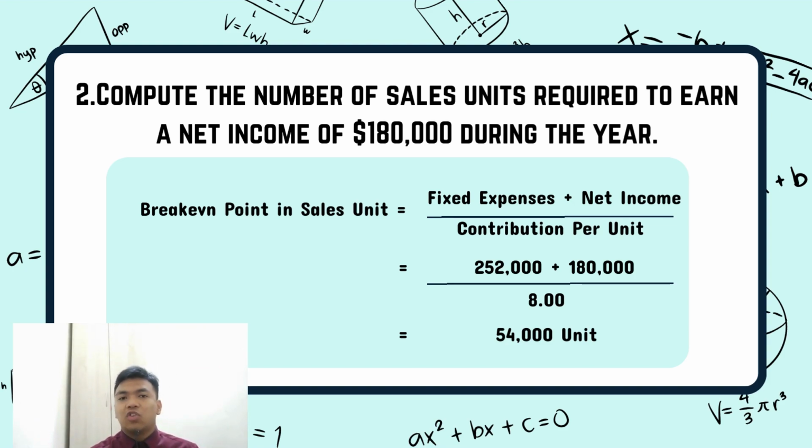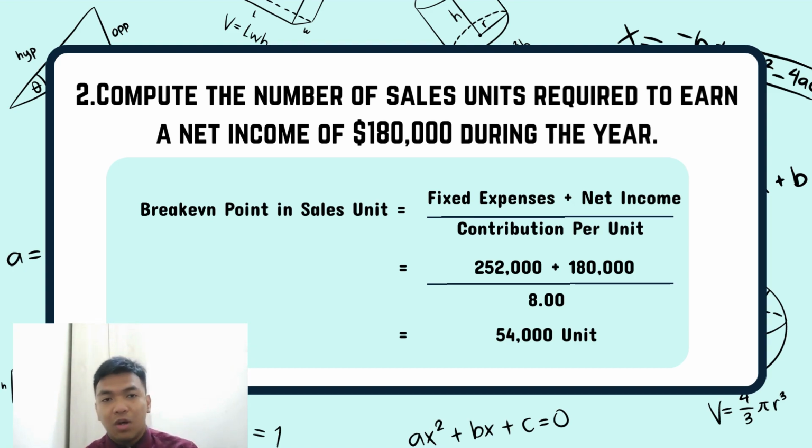Question 2 is to compute the number of sales units required to earn a net income of $180,000 during the year. We use the formula for break-even point in sales units, which is fixed expense plus net income divided by contribution per unit.